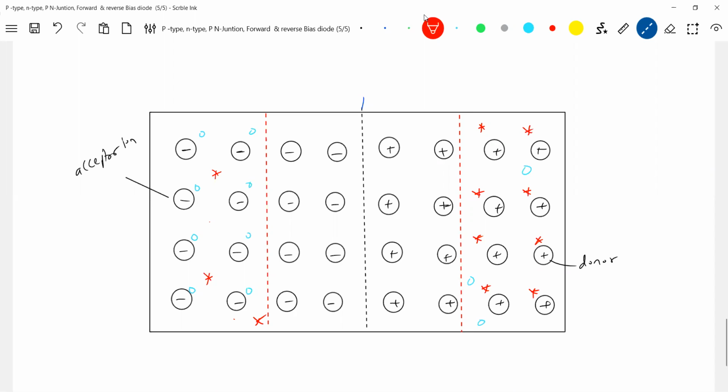So there's a P type. I think I'll write it inside. This is a P type. This is N type. Now you can say no more diffusion occurs.